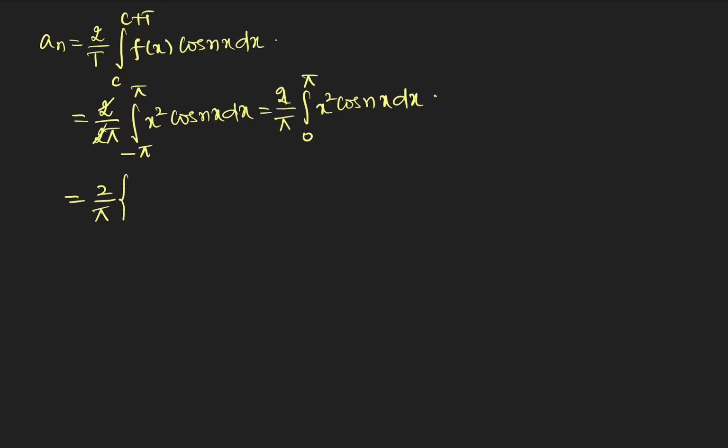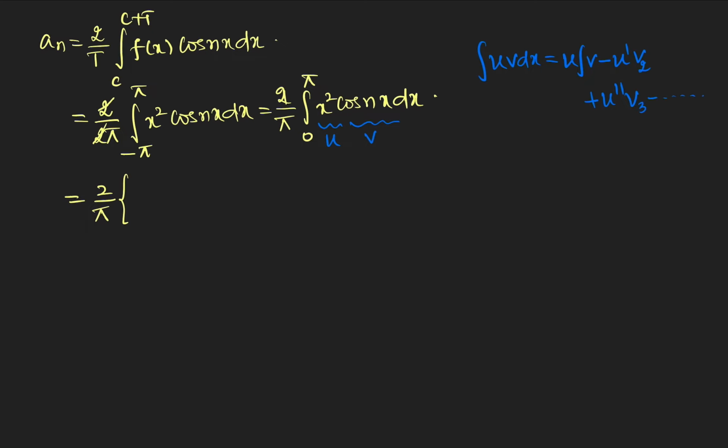Here it is a product of two functions, one is u and the other is v. So we apply integration by parts. The integral of u v dx is equal to the first function times the integral of the second function, minus the differentiation of the first function times the second integral, plus the second differentiation times the third integral, minus, and so on.